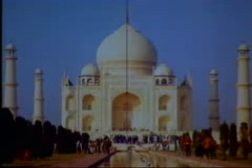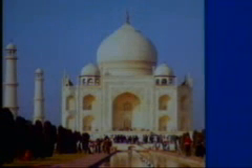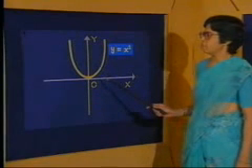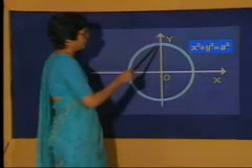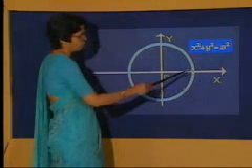We see many examples of symmetry all around us. But now let us talk about symmetrical graphs. Here is a graph which is symmetric about this line, the y-axis. This circle here is symmetric about the y-axis and also about the x-axis.